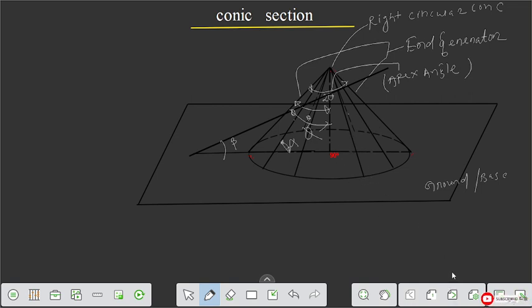Okay, so now let's go to the definition: what is a conic section?